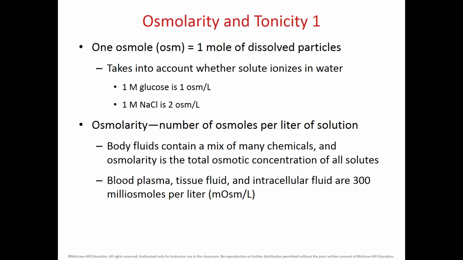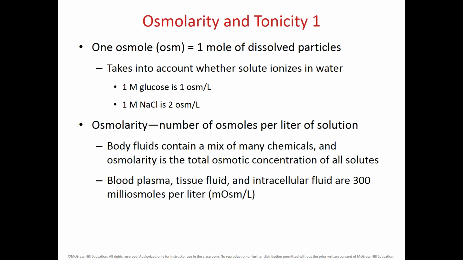One measure of osmolarity, or the concentration of solutes within a solution, has a unit called osmoles. So 1 osmole is equal to 1 mole of dissolved particles. This takes into account when a solute ionizes in water.